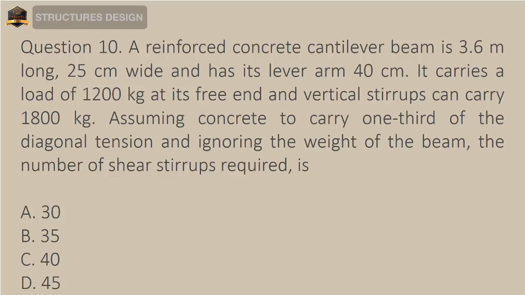Assuming concrete to carry 1/3 of the diagonal tension and ignoring the weight of the beam, the number of shear stirrups required is: A, 30; B, 35; C, 40; D, 45; E, 50. The correct answer is option C.